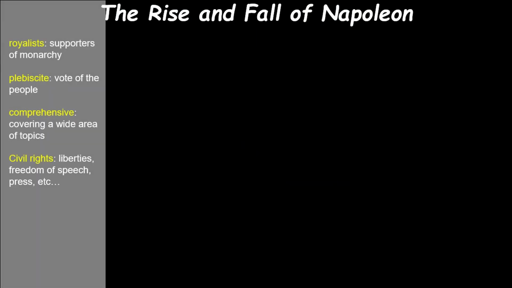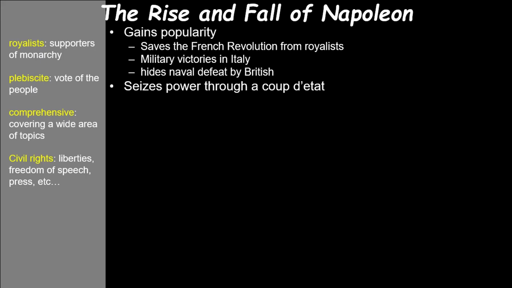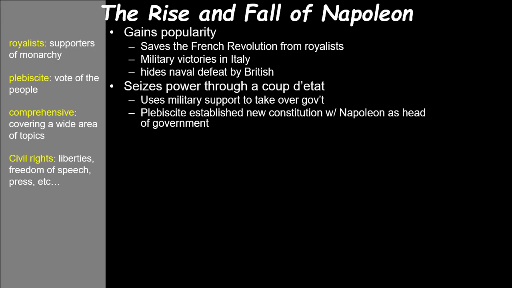Let's talk glow-ups and power grabs, because Napoleon really said, "I'm him." First, he wins the people over. He saves the French Revolution from royalists trying to bring back the monarchy, crushes it in Italy, and even manages to hide a naval defeat by the British. The man could win battles and spin stories, total influencer energy. Then he hits fast forward on becoming the boss.